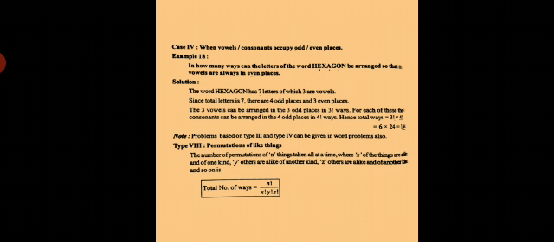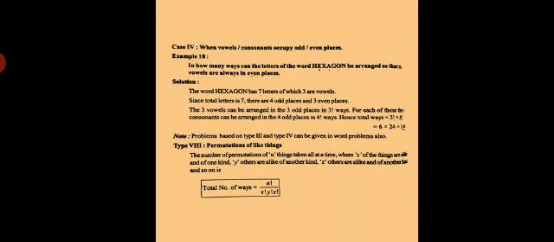The 3 vowels can be arranged in the 3 even places in 3 factorial ways. For each of these, the consonants can be arranged in 4 odd places in 4 factorial ways. Therefore, the total number of ways is equal to 3 factorial into 4 factorial.